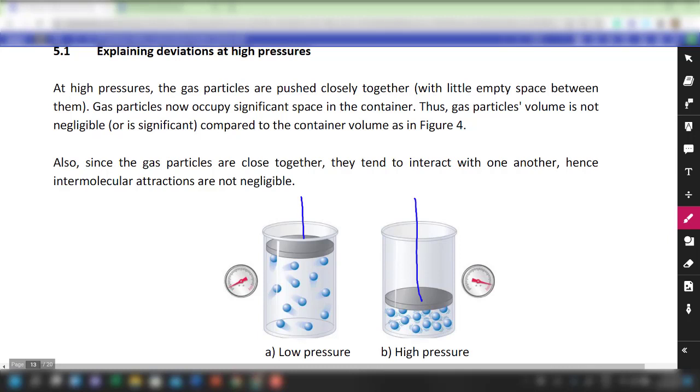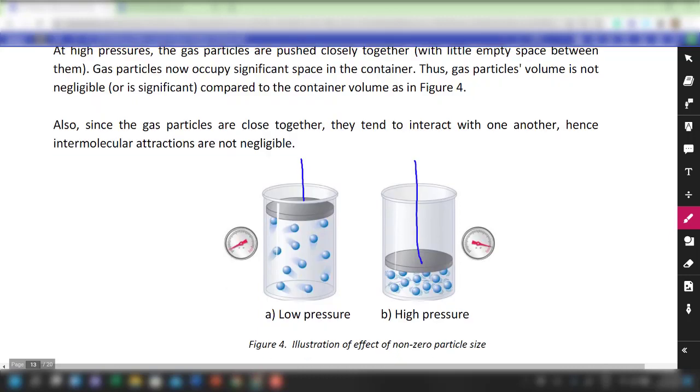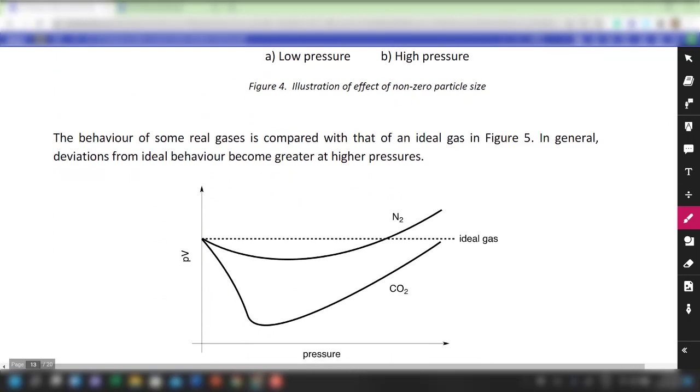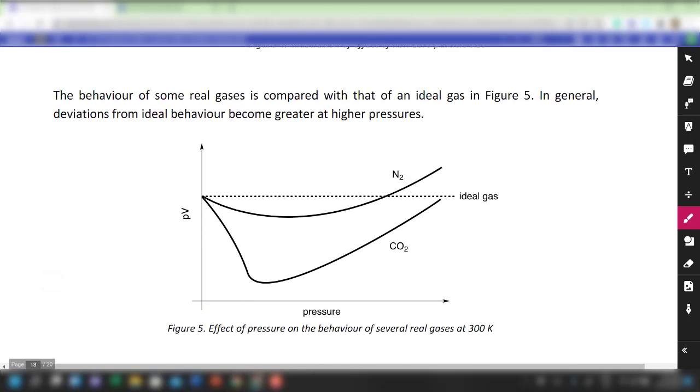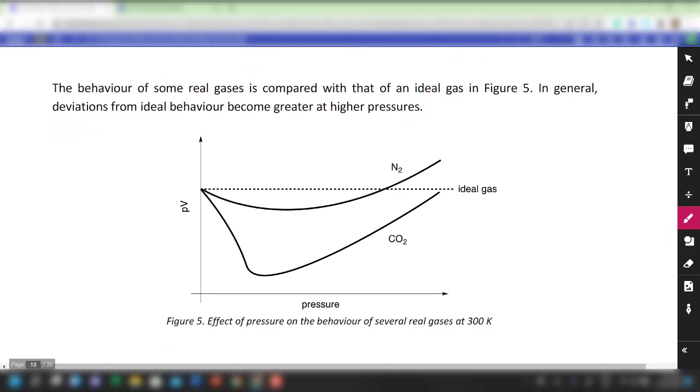At the same time, because the gas particles are very close to each other, they may experience significant intermolecular forces of attraction, because intermolecular forces of attraction are distance dependent. The closer they are to each other, the stronger the intermolecular forces of attraction. We have a graph here showcasing the behavior of some real gases as compared to ideal gas.